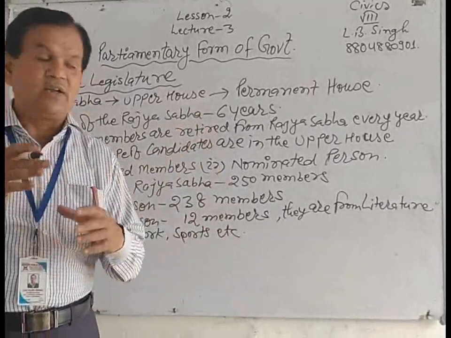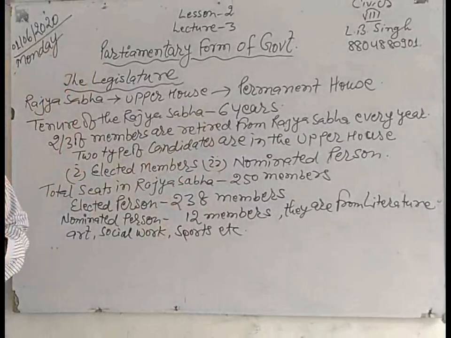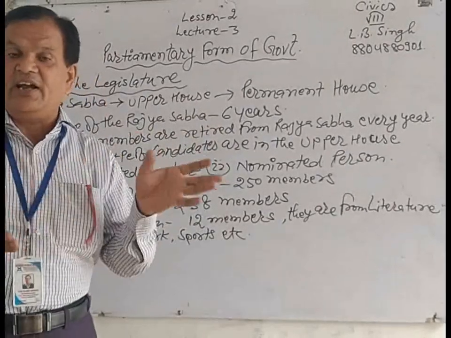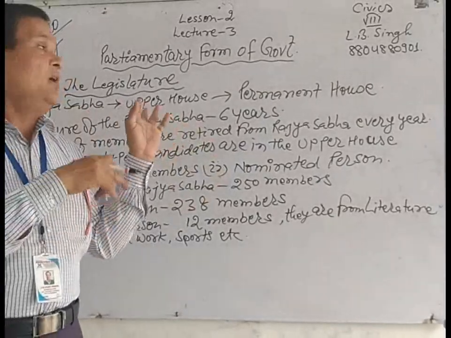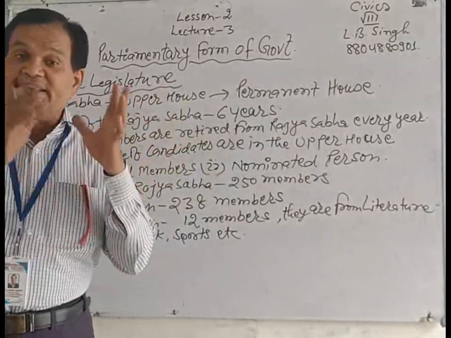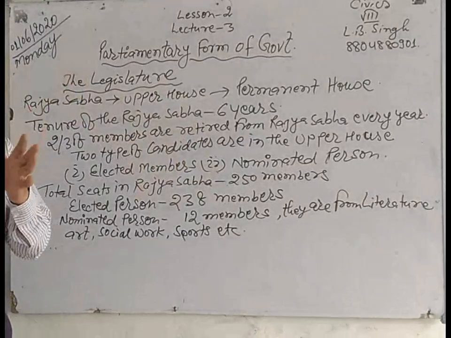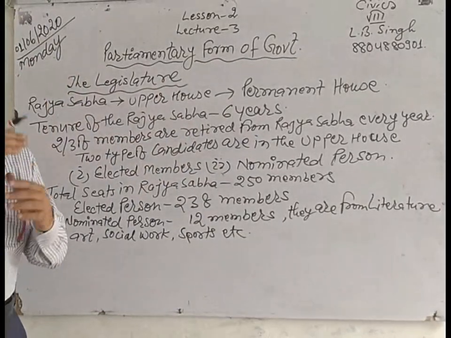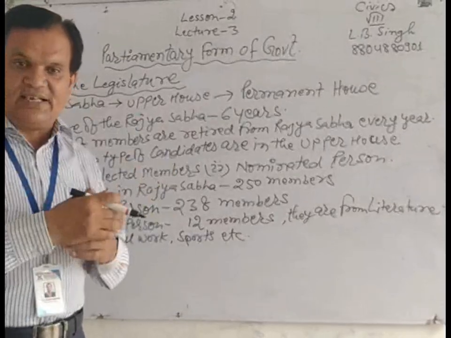What type of work is done by the Parliament? You have to study in details regarding the Parliament, parliamentary form of government, especially regarding the function of lower house. In that videos we will discuss.